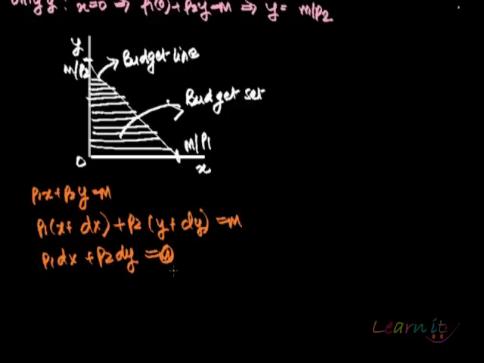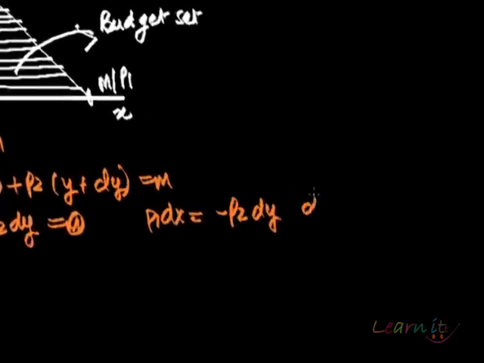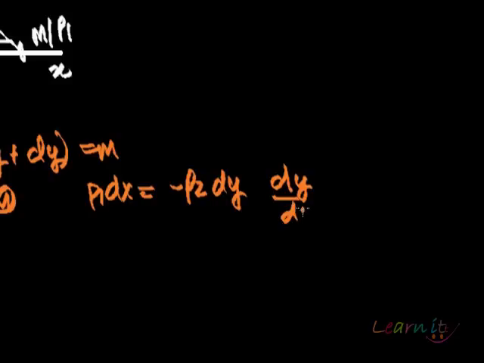is equal to 0. This is the value of change in x, and this is the value of change in y. So the sum of the values of changes in x and y has to be equal to 0 along the budget line. Simplifying further, you get P1 dx equal to minus P2 dy, or dy by dx equal to minus P1 by P2.